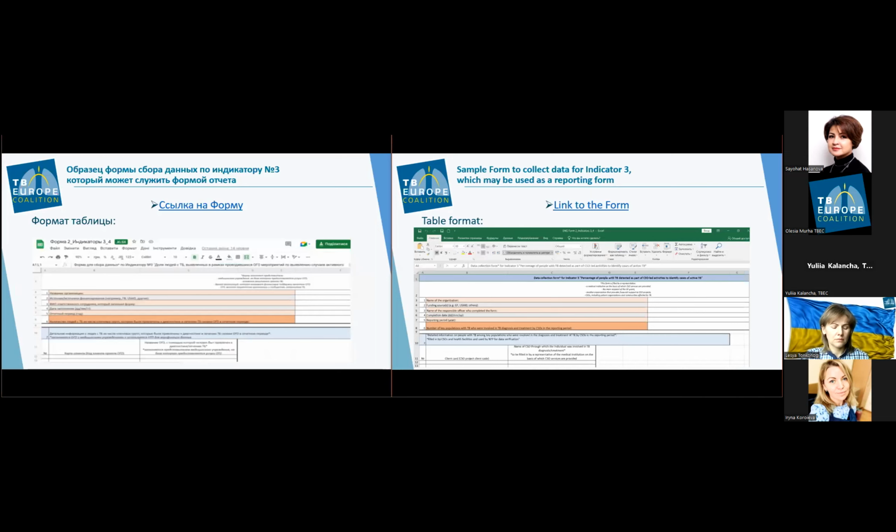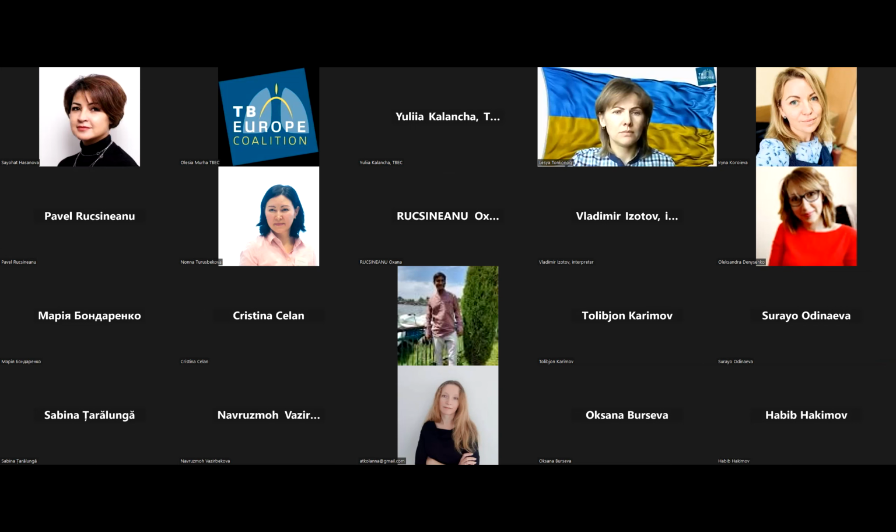And in fact, it is rather simple. You have a link to the form under each of these indicators in the document on the algorithm. And if you click on this link, you will see a table, a spreadsheet in Excel.